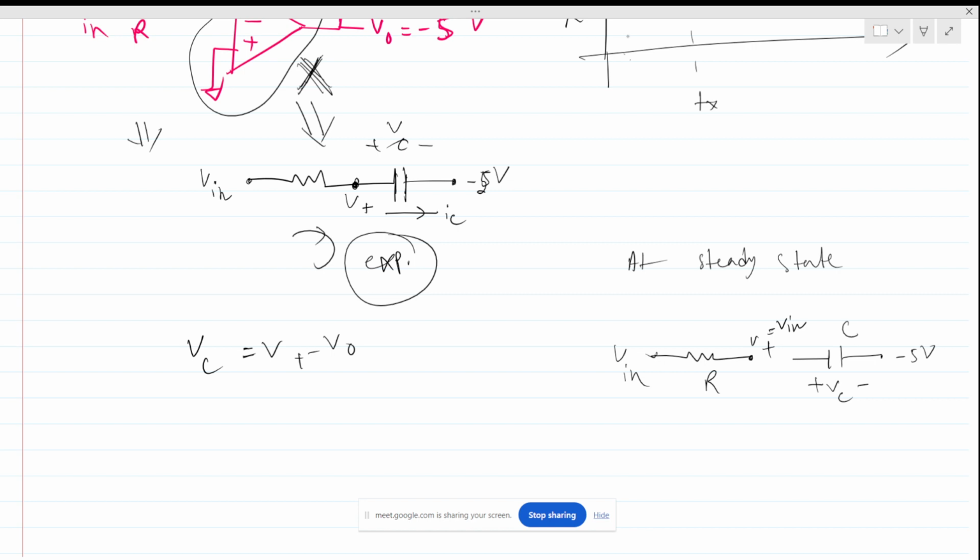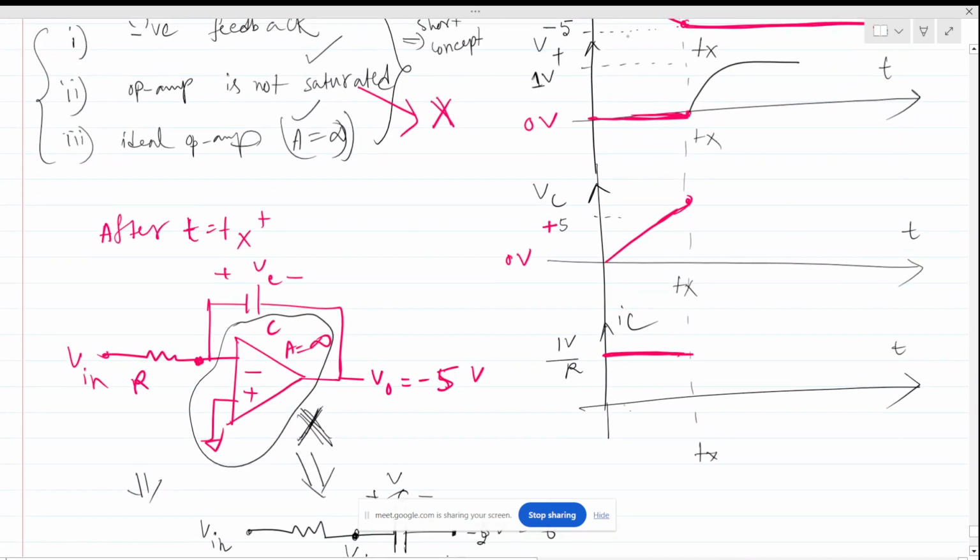V out is minus 5 volt. This is fixed. So VC will be nothing but V plus 5 volt, so 1 plus 5, which is 6. So VC will try to go up to 6 volts exponentially. Understood? This is linear up to that, and this is exponential.